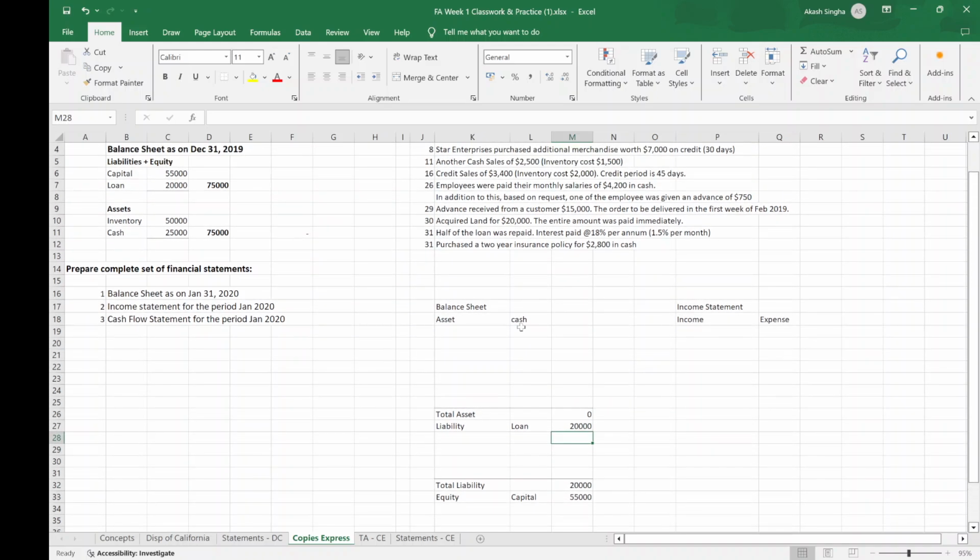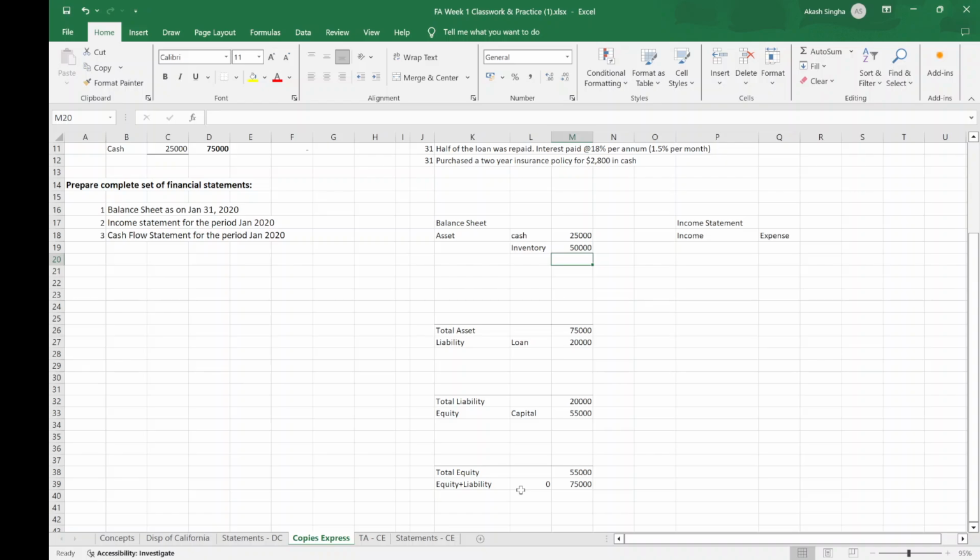For assets, cash was 25,000 and inventory 50,000. So everything in the check is zero. We have to always take care of this.